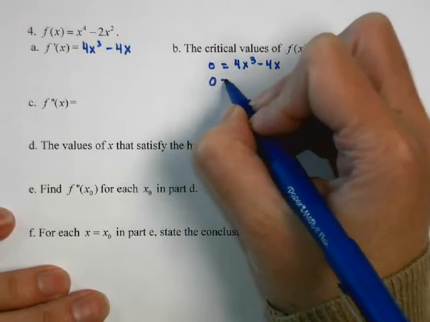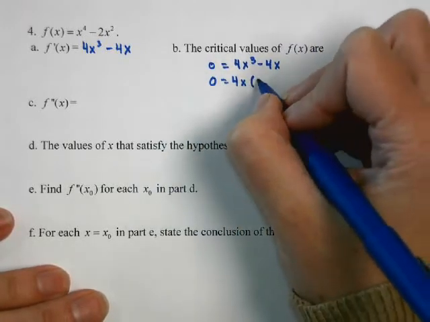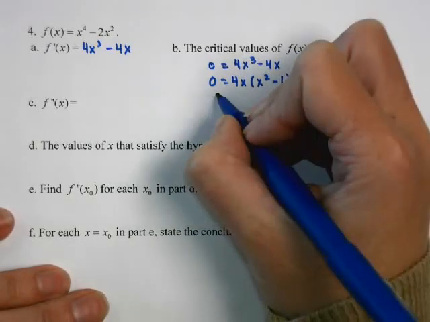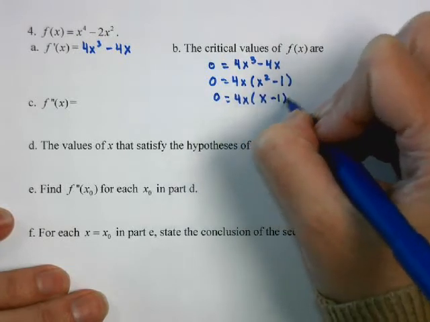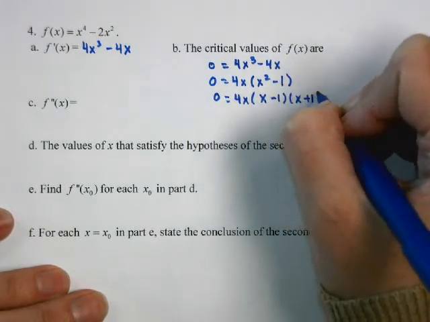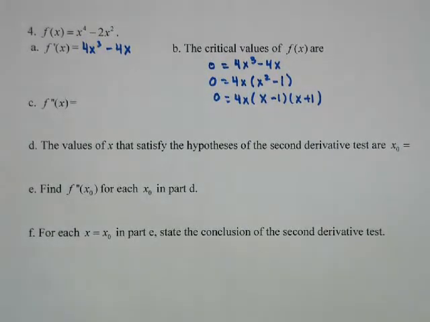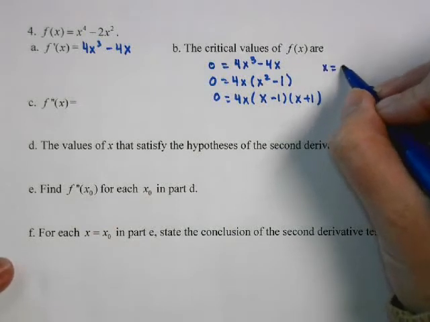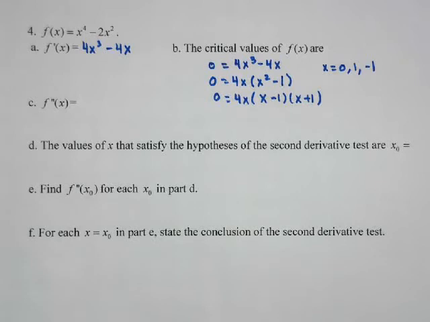So 0 equals, I'll factor out a 4x, which leaves me with x squared minus 1. So this is going to be x minus 1, x plus 1. So the critical points are the values that make the derivative 0, which is going to be x equals 0, 1, and -1 are all the critical values.